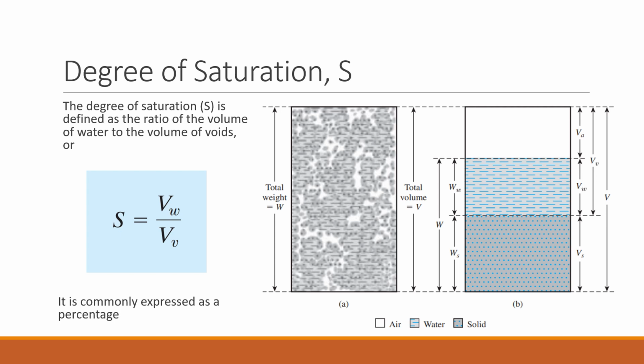So, kaning naka-blue din, no? Degree of saturation is commonly expressed in percentage. So, ang atong answer sa degree of saturation is in percent. So, example for that is 30% degree of saturation or 50% degree of saturation.